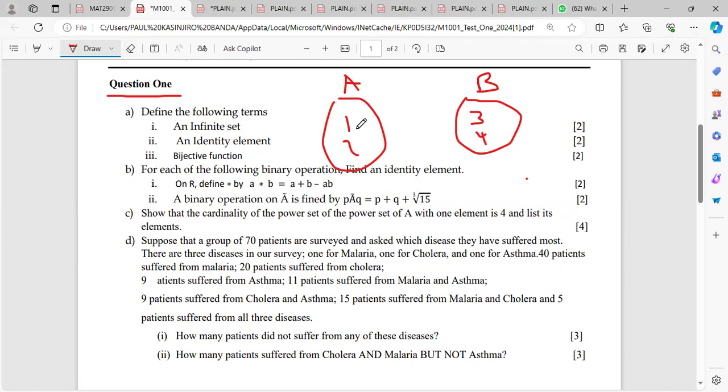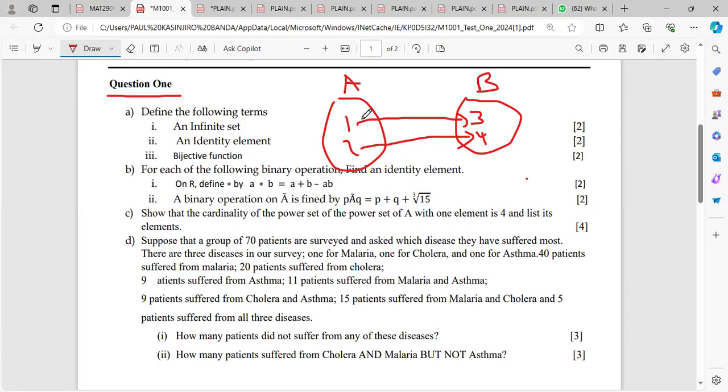Okay, a bijective function is simply a mapping from A to B, where each element of A is associated only with one element of B. So it will be something like that, okay? So this is a bijective function because one element of A is being mapped to one element of B, okay?